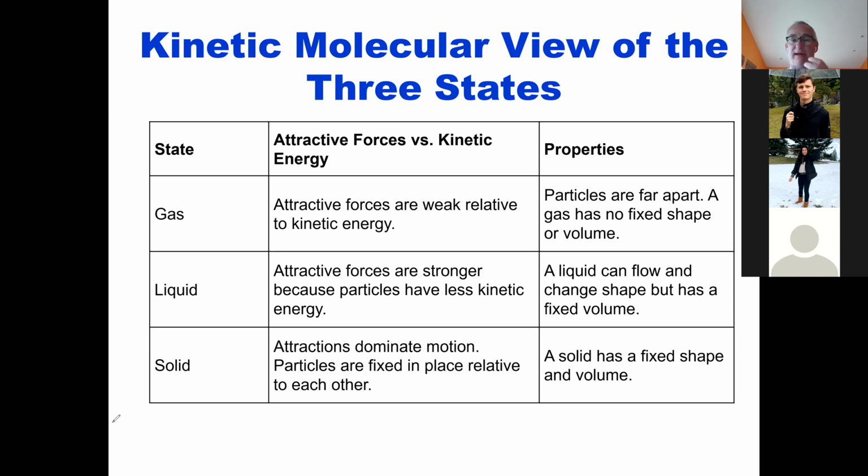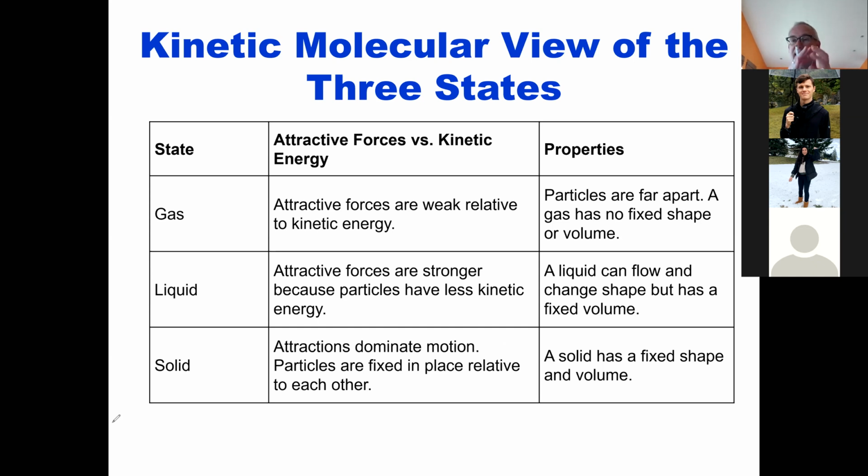Now, with a liquid, you're starting to balance kinetic energy and attractive energy. Kinetic and potential energies are starting to balance out. So the attractive forces are much stronger now because particles have less kinetic energy. They're not moving around quite as quickly.